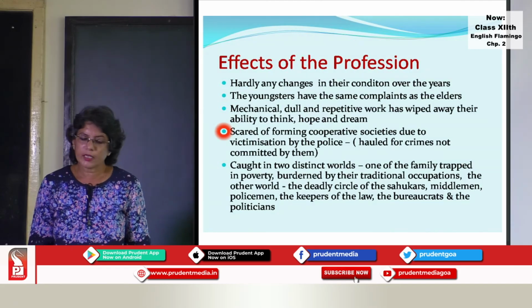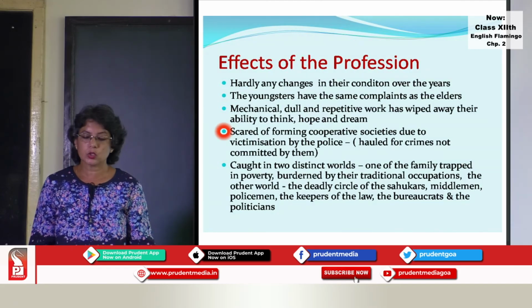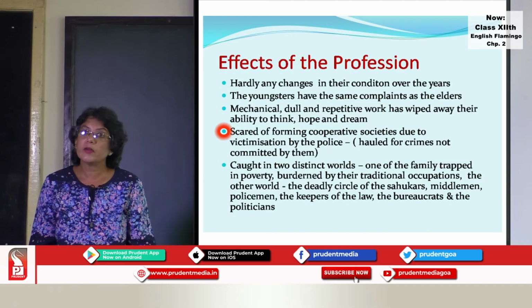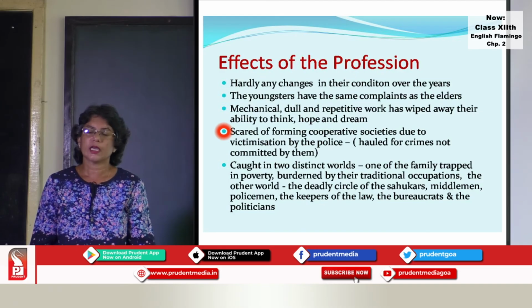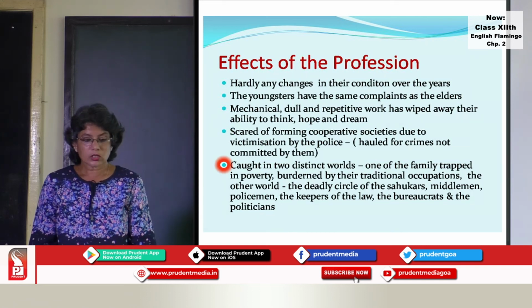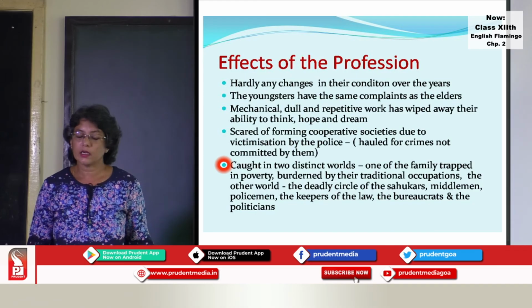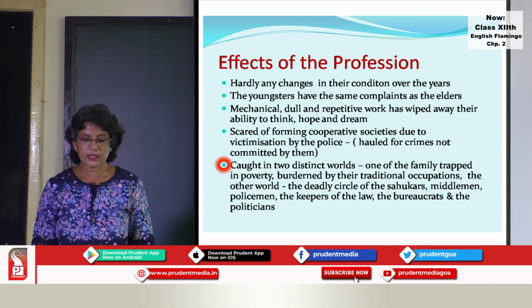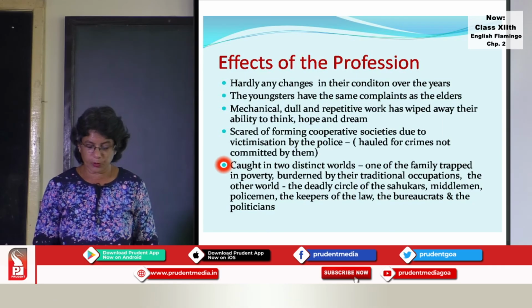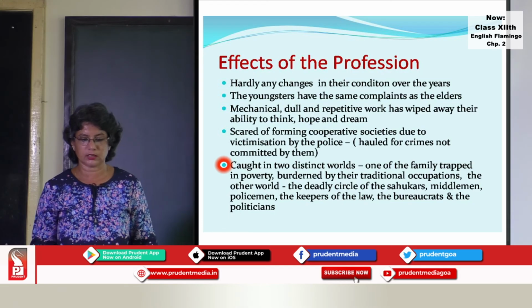They are scared of forming cooperative societies due to victimization by the police, because they know that if any crimes are committed, they will be wrongly blamed for them and beaten up by the police. They are caught in two distinct worlds: one of the family trapped in poverty, burdened by their traditional occupations, the other, the deadly circle of the saukars, middlemen, policemen, the keepers of law, the bureaucrats and the politicians.